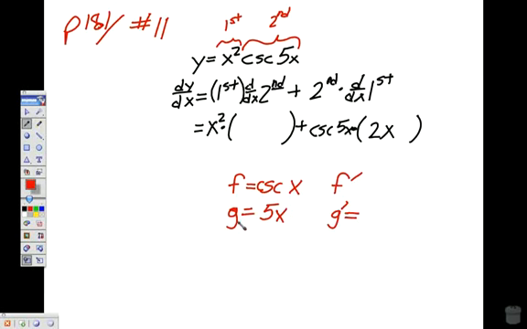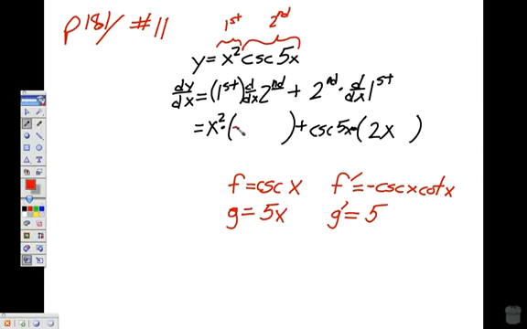So okay, the easy one is g. G is 5x, g prime is 5. The harder one is cosecant, but like I said, if we've got that one memorized, it's negative cosecant x cotangent x. So the derivative of cosecant of 5x will be f prime of g times g prime. F prime of g means negative cosecant x cotangent x with g plugged into it.